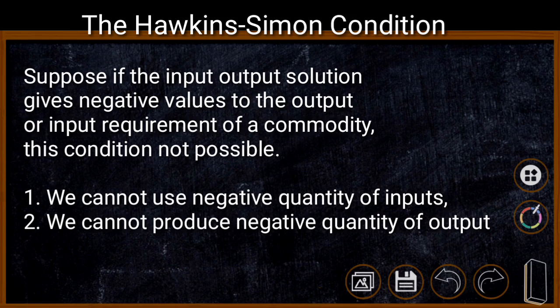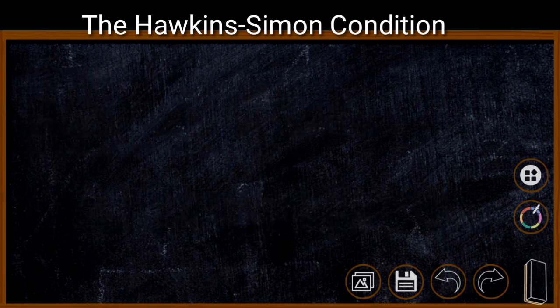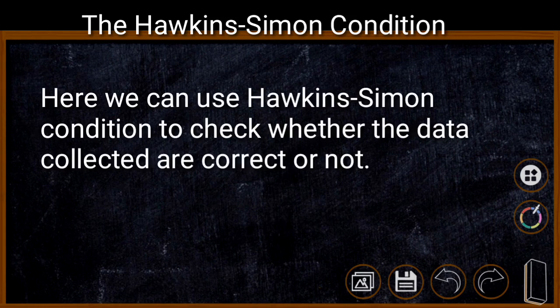That condition is not possible. We cannot generate negative output, or use negative units of a particular input. In this context, the Hawkins-Simon condition can be used to check whether input output data are correct or not. By using the Hawkins-Simon condition, we can check whether there is a proper solution to this problem.